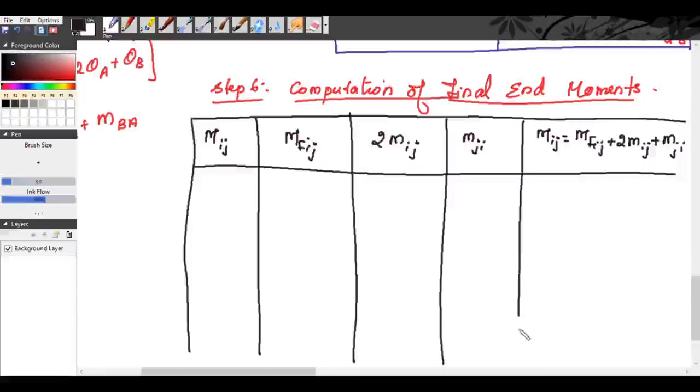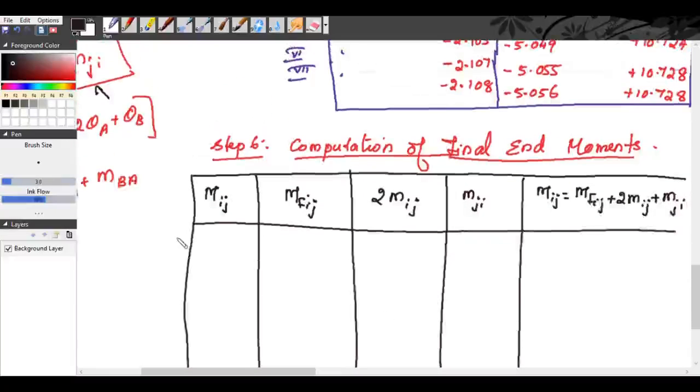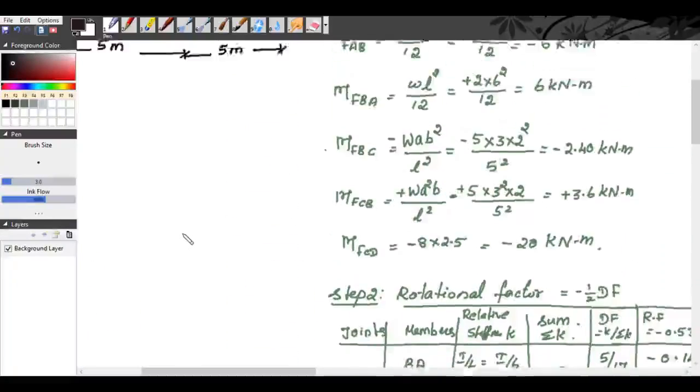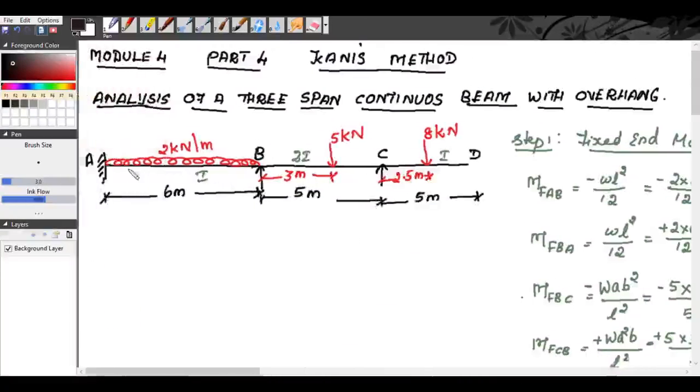So, how many end moments do we have? We look into our beam. We have the end moments at A, B: MAB, MBA, MBC, MCB and MCD.